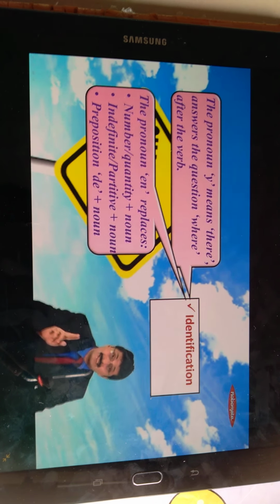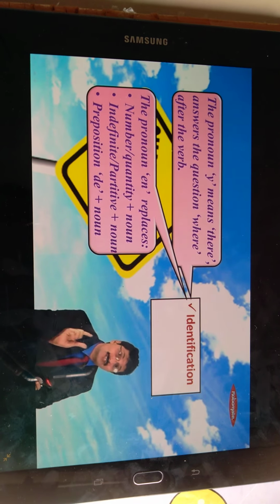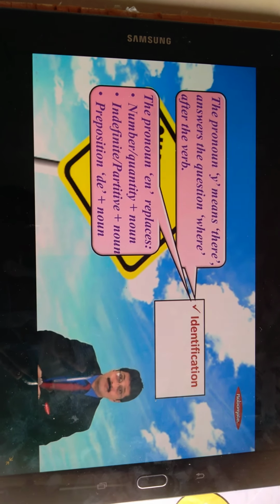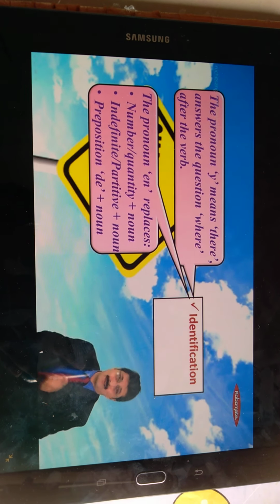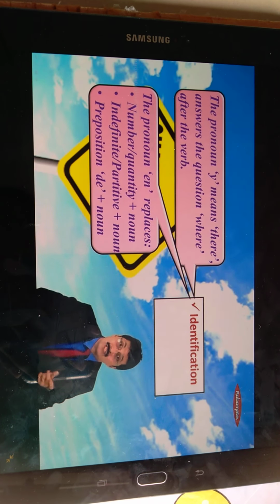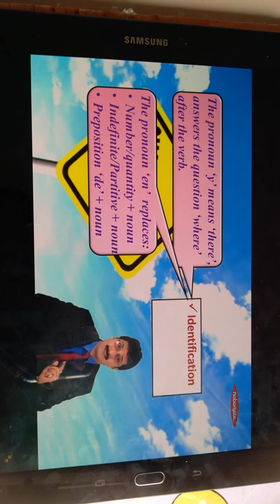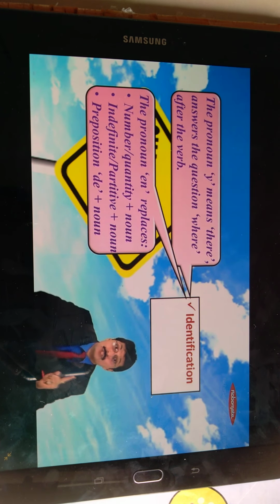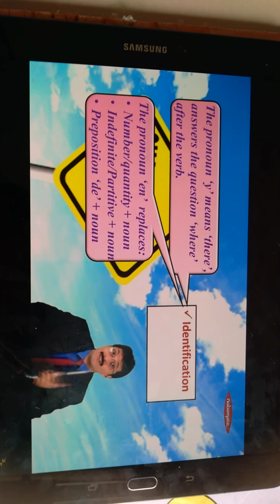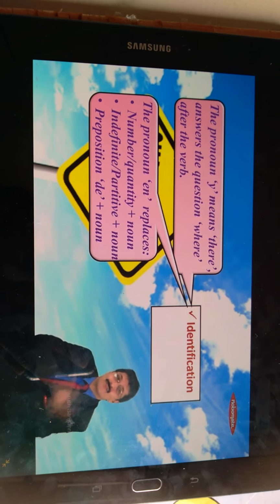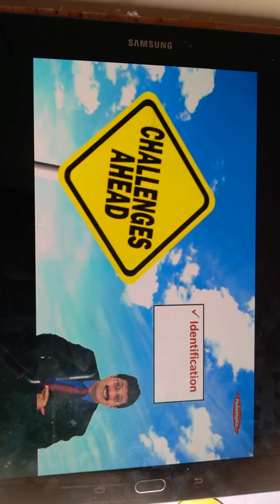En replaces the combination of indefinite or partitive article plus noun. En replaces the preposition de plus noun. Absolutely. So even if it is from some place, de Paris, even though you would say Paris would answer the question where, but because there is a de, we will use en and not y.